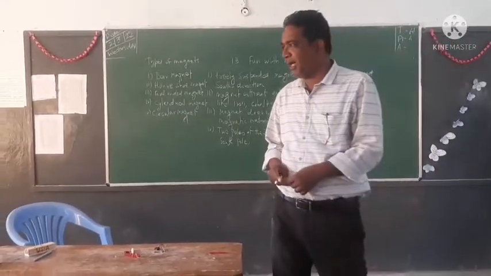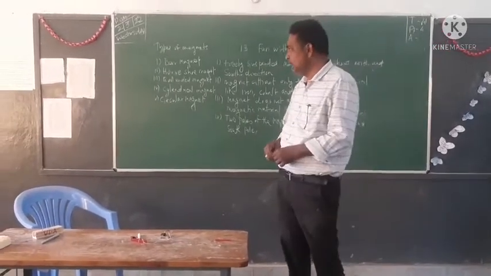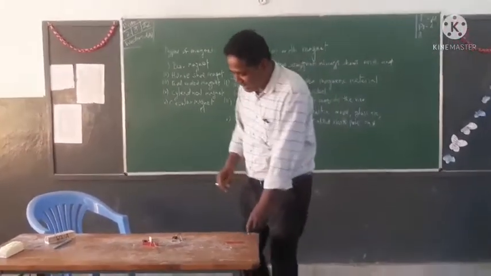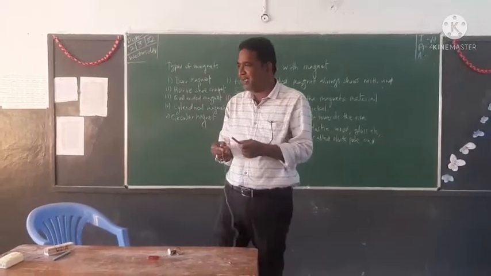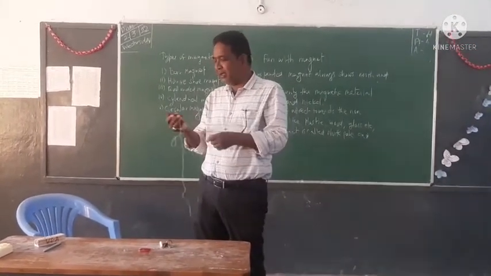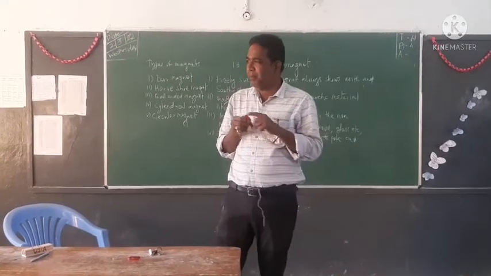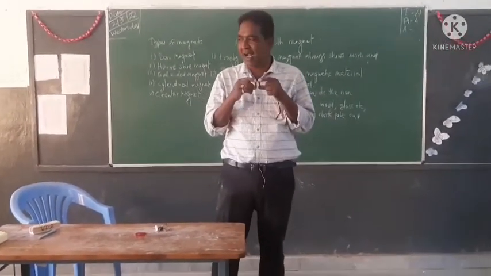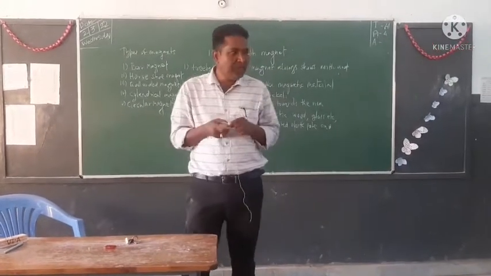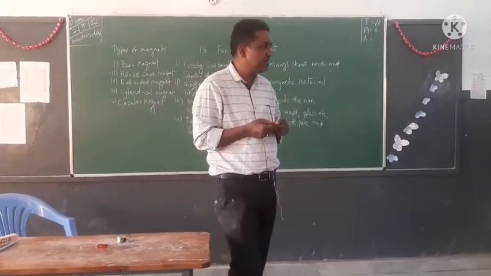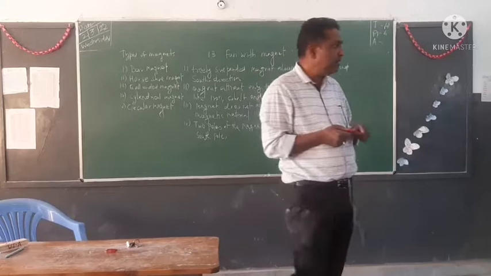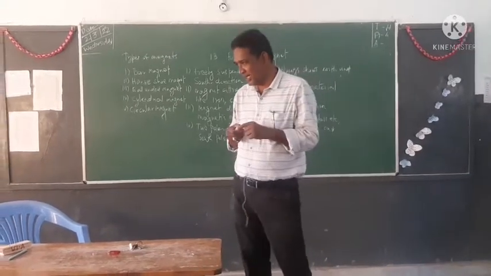Do you know these are the properties of the magnet? Do you know how the magnetic properties of the magnet can be used? These are the two magnets. If I put these magnets in contact with each other for a long period of time, बहुत लंबे समय तक उसको हमने एक दूसरे से जोड़कर रखा है ना? Then slowly they lose their properties, है ना? तो क्या होता है? इसकी properties कम हो जाती है ना?